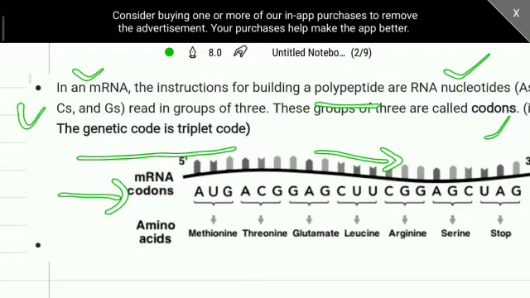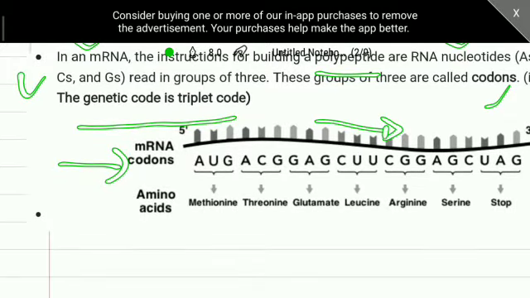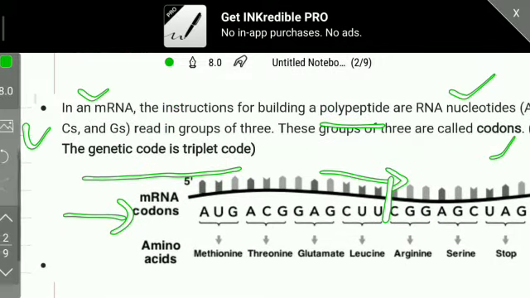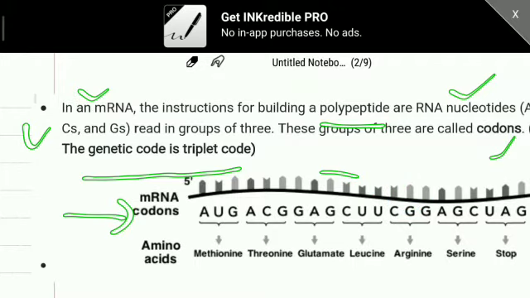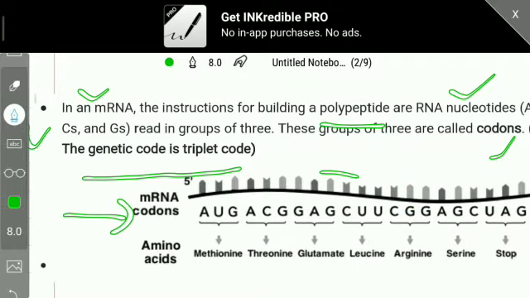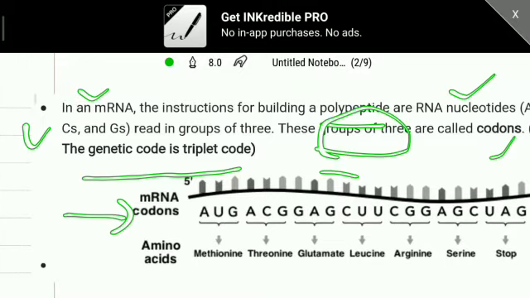And this mRNA consists of nucleotides, which are A, U, G and C. A group of three nucleotides, that is A, U, G, in this particular mRNA is called a codon. The three nucleotides of mRNA are called a codon.